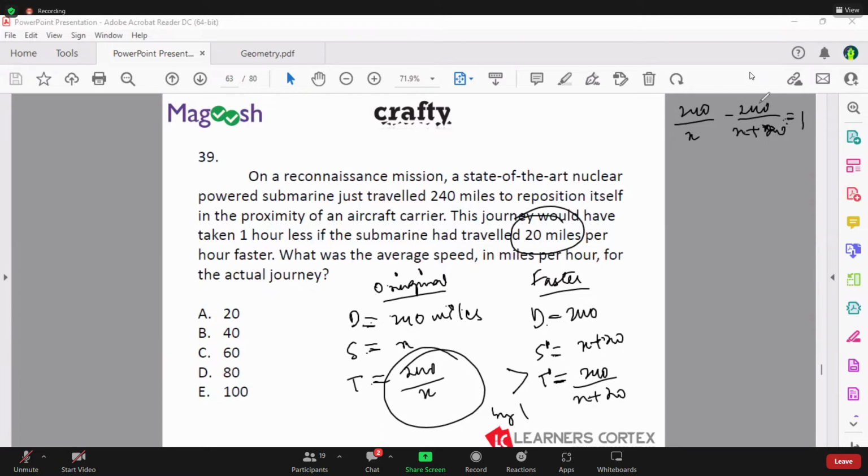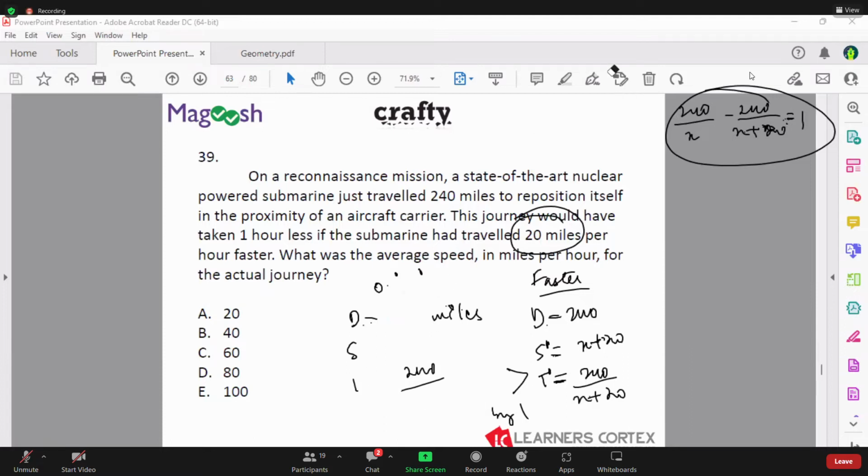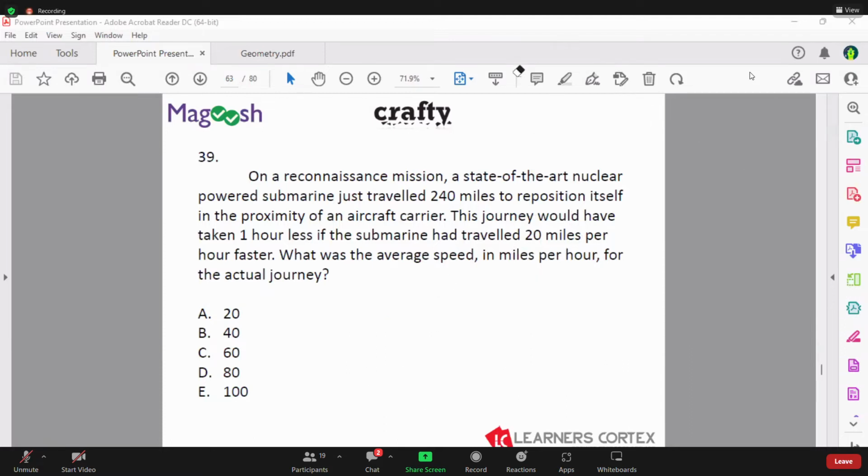Now we can solve this equation, and this would give us the answer. So the equation is 240 over x minus 240 over x plus 20 equals 1.